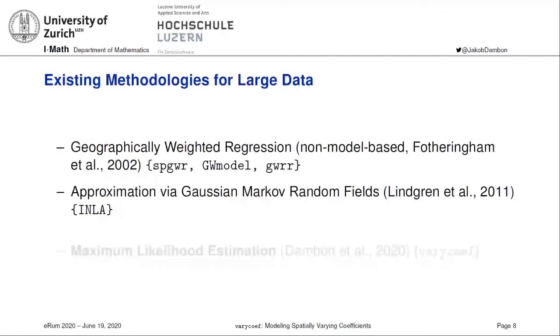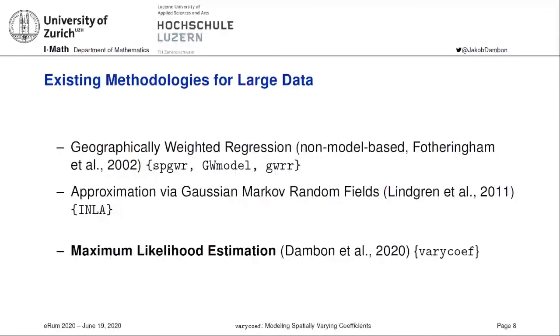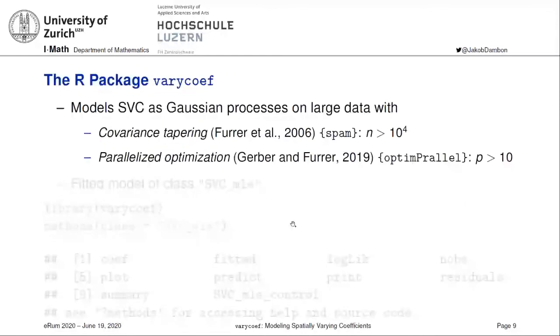Our research resulted in a simple maximum likelihood estimation, and the implementation of this in statistical software is now available on CRAN, namely in the varycoef package. The varycoef package models the spatially varying coefficients as Gaussian processes, and it was specifically designed to work with large data. So we apply two things here.